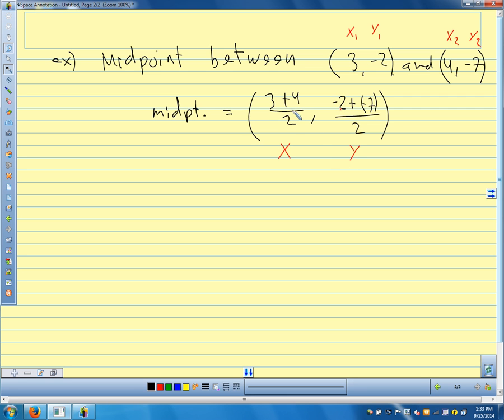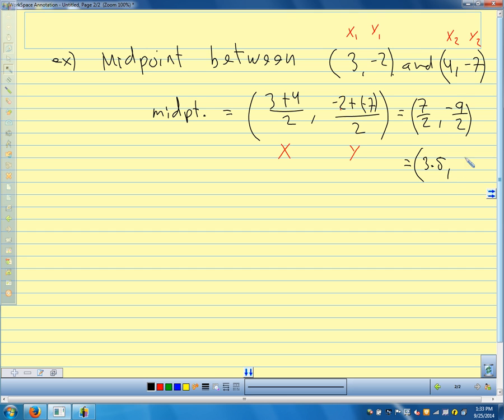All right, so 3 plus 4 is 7 divided by 2. I'm just going to write that as 7 divided by 2. That's my x. And negative 2 minus 7 is negative 9 divided by 2. I could leave my answer written like this, 7 halves and negative 9 halves. Or I could turn it into a decimal. 7 divided by 2 is 3.5.